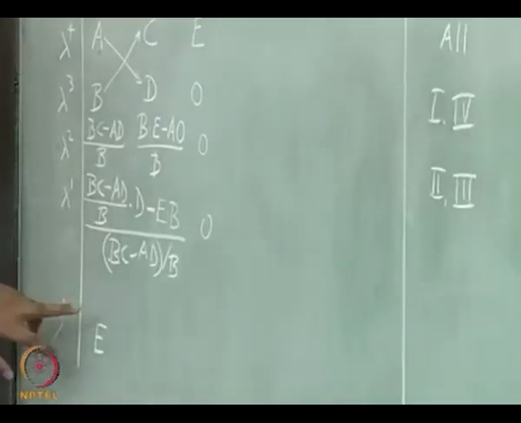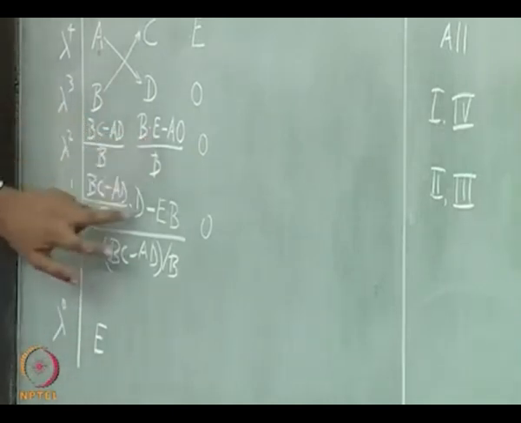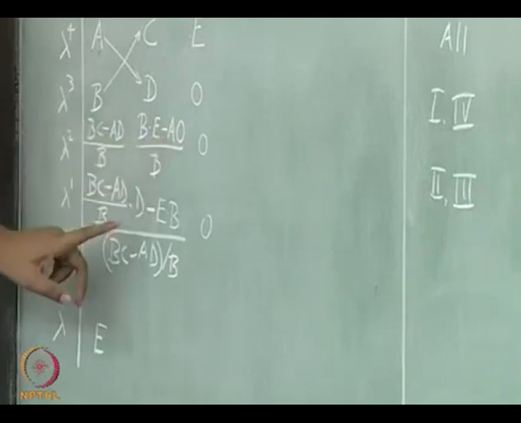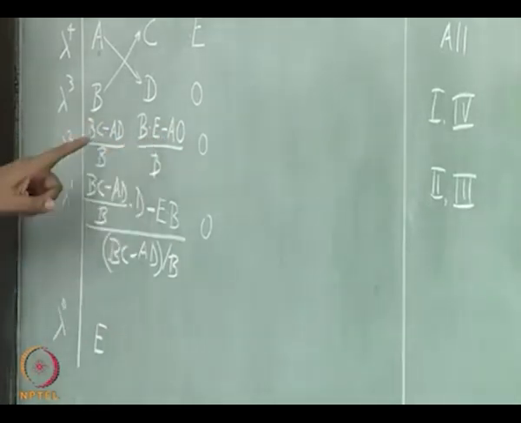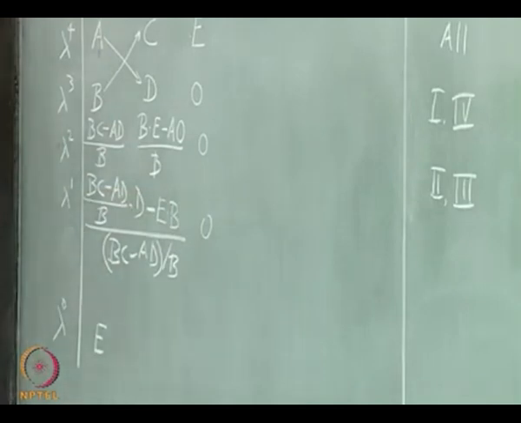This is going to be E, because if you multiply this and these two terms, you are going to get this into E minus 0 divided by this. So, what you get is E.